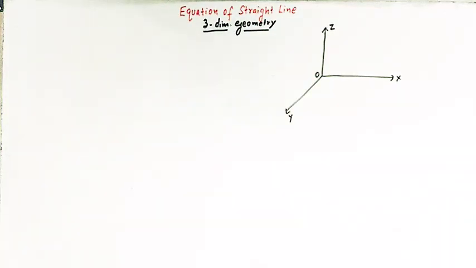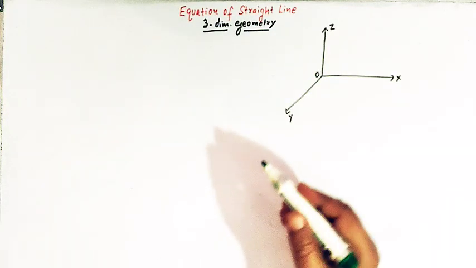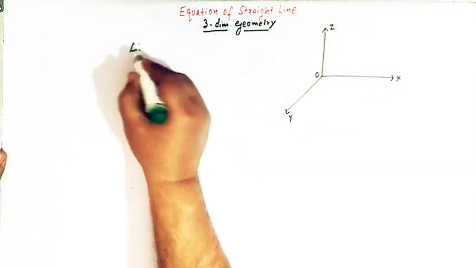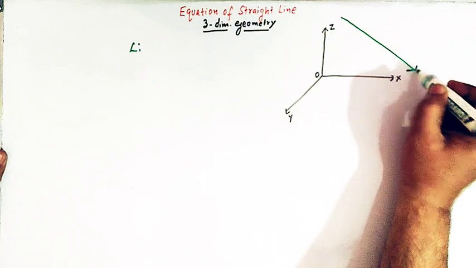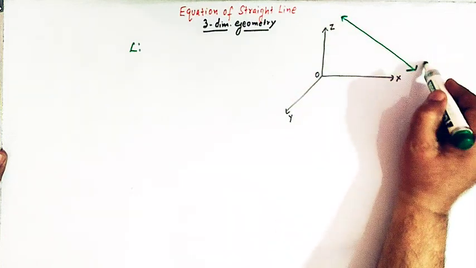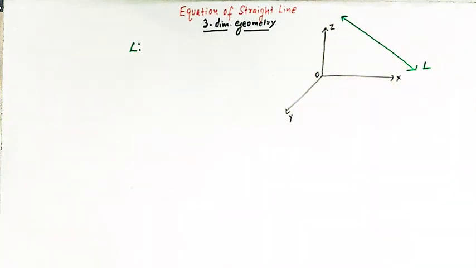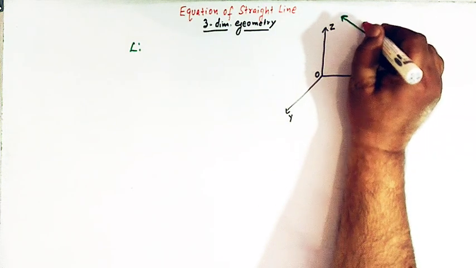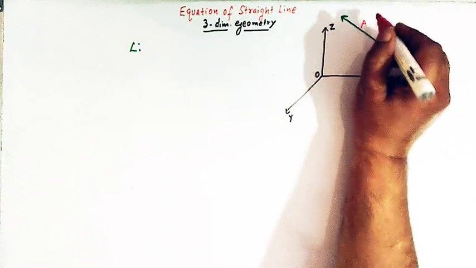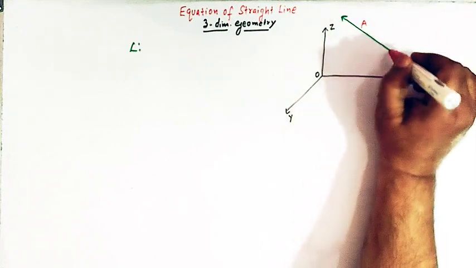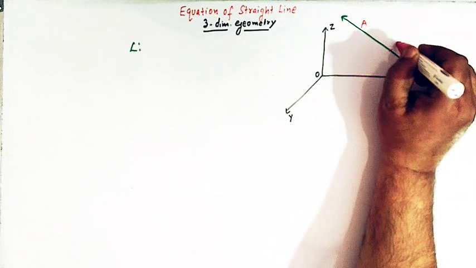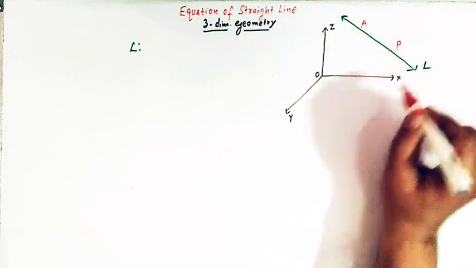Now suppose we have a line L, which is drawn like this, and let us consider a point A on this line. And let us consider an arbitrary point P on this line.